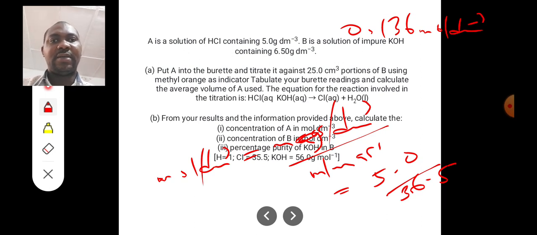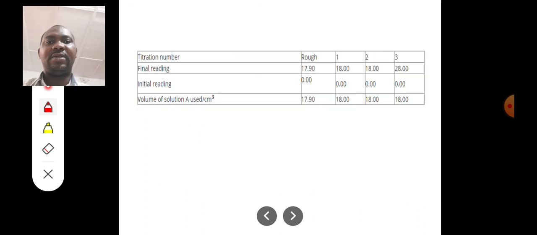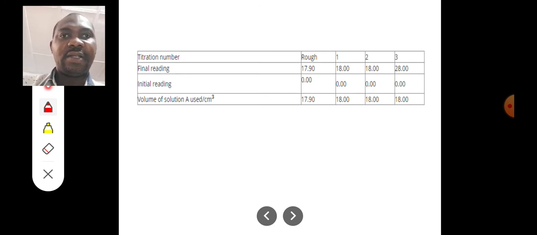Now the next thing is we're asked to find the concentration of base. But before we continue, this is the value of the experiment. Here you have the rough, first titer, second titer, and third titer, and you can pick any three.